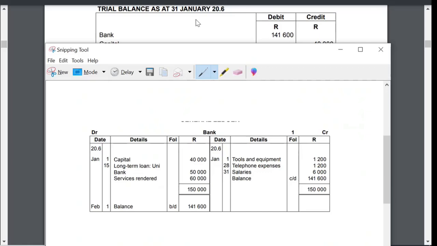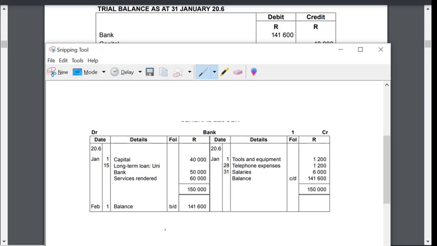When you balance an account, the bigger side minus the smaller side. So if we've got a debit balance, there was more money coming in compared to the payments that the business made.